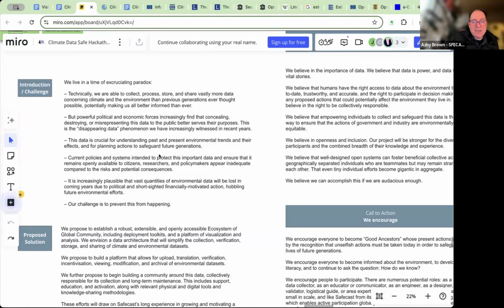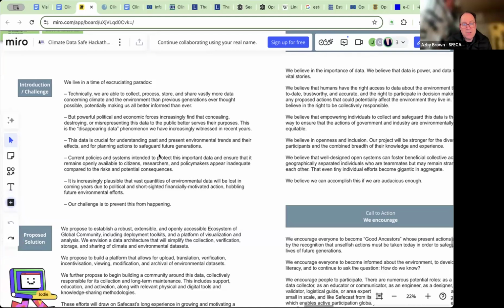Technically, we're able to collect, process, store, and share vastly more data concerning climate and the environment than previous generations ever thought possible, potentially making us all better informed than ever. But powerful political and economic forces increasingly find that concealing, destroying, or misrepresenting this data to the public better serves their purposes. This is the disappearing data phenomenon we have increasingly witnessed in recent years. This data is crucial for understanding past and present environmental trends and their effects, and for planning actions to safeguard future generations.